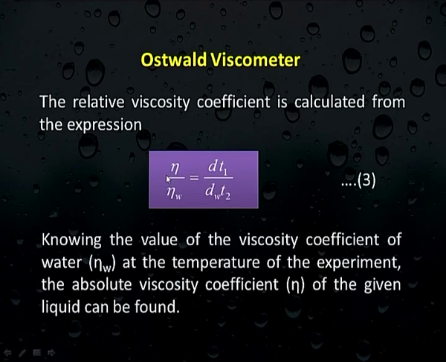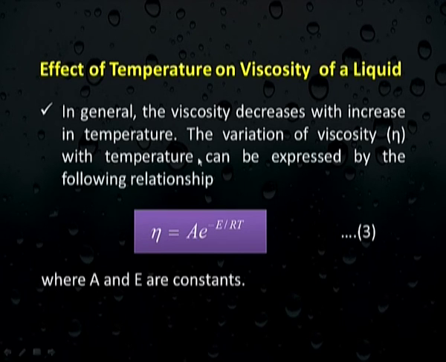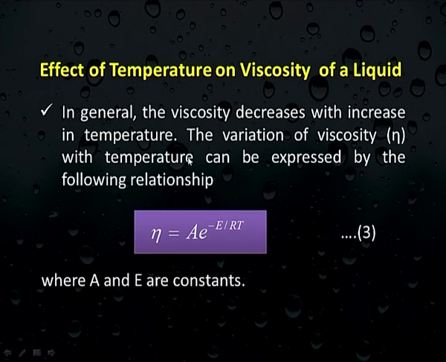Now, we will study the effect of temperature on the viscosity of a liquid. In general, viscosity decreases with increase in temperature. This variation can be represented with the help of this relationship: eta is equal to A e to the power minus E upon RT. Here A and E are constants.